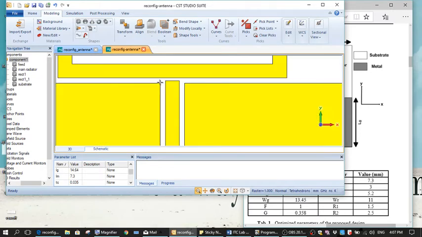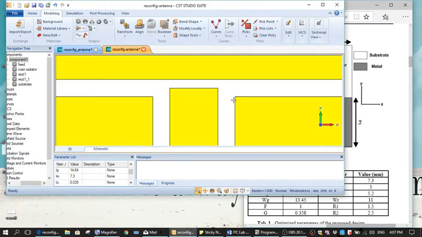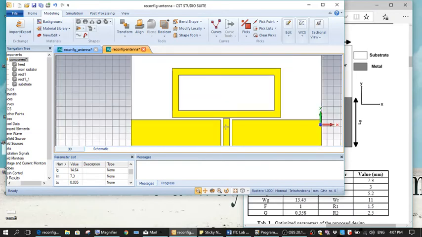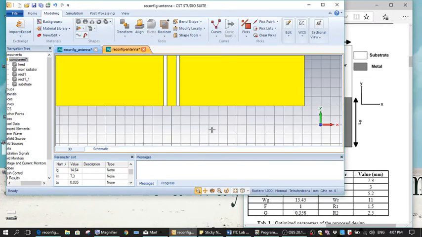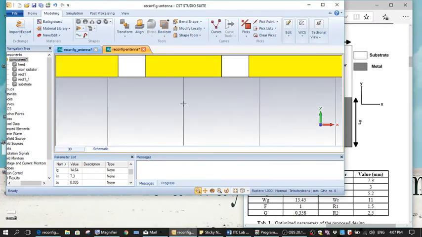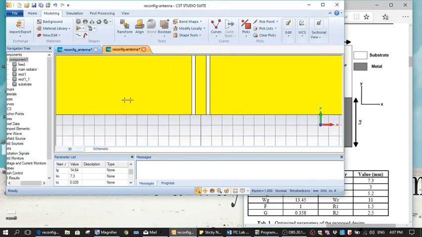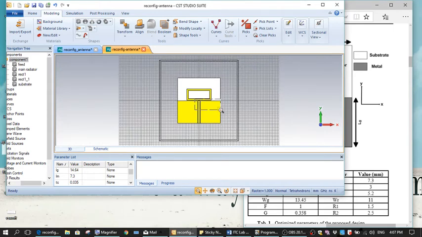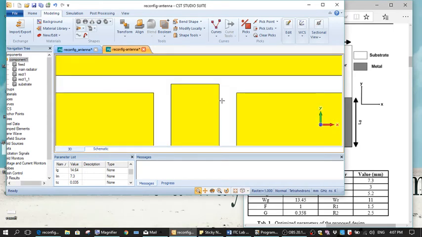We see that here we have a little problem, which is this gap. It shouldn't be here. So what we need to do is we need to push this feed a little up, or we need to make this feed a little longer, because it is good from this side but it's not good from the upper side. They should be touching together.